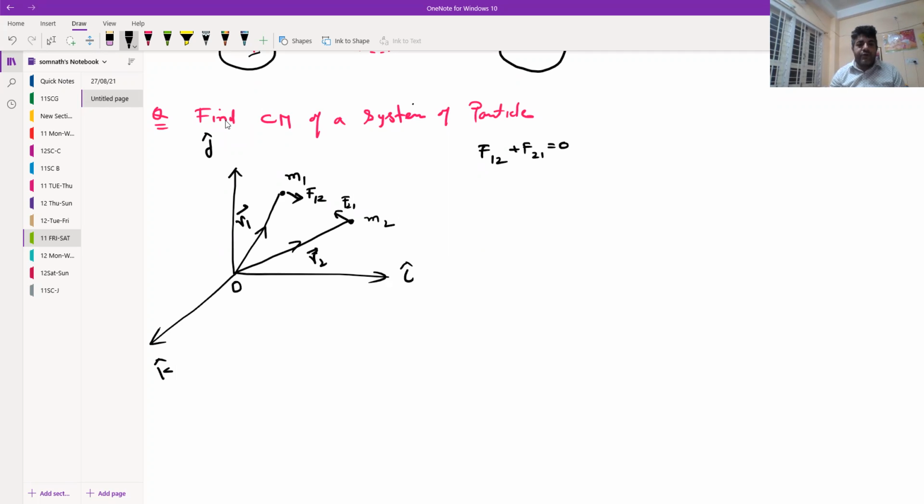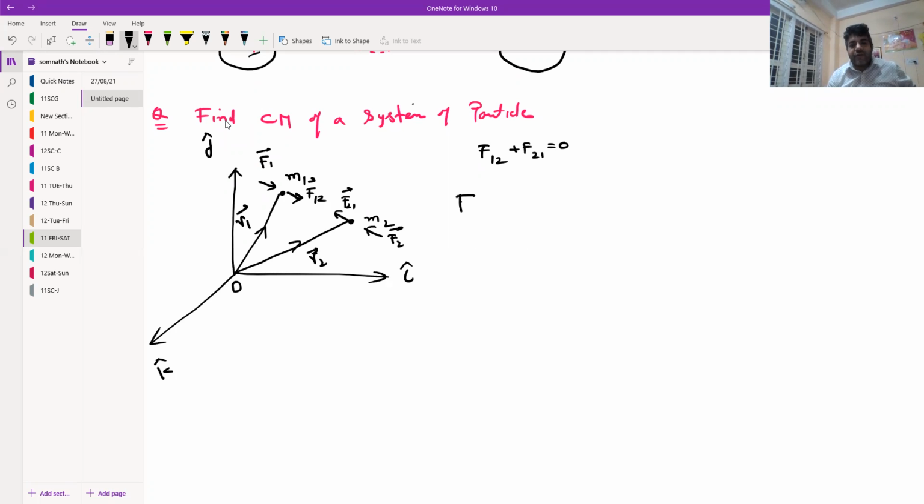So now we apply some external forces F1 and F2. We apply external forces on that system. So now how many forces do we have? 4 forces: F1, F12, F21 and F2.